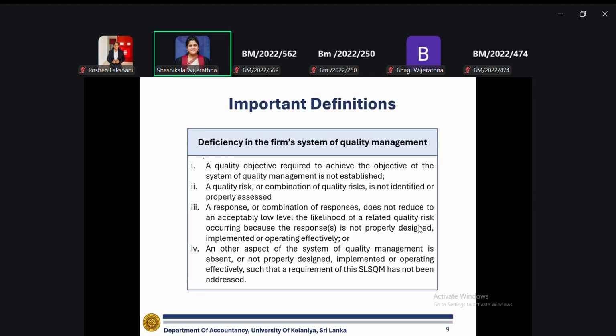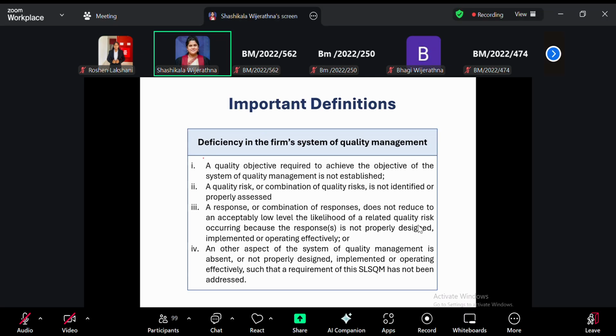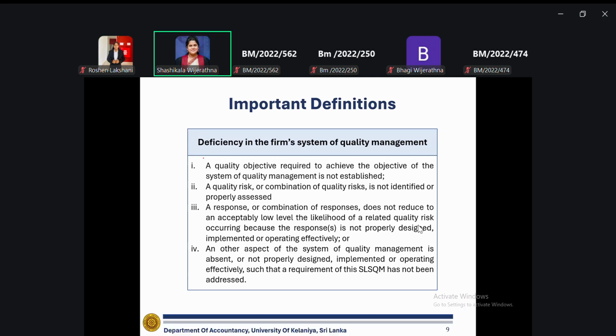So for example, when it comes to here, you may be given a case study and you are required to identify the deficiencies in the system of quality management within the organization. In that case, you need to know what are the things which can be identified under these deficiencies.